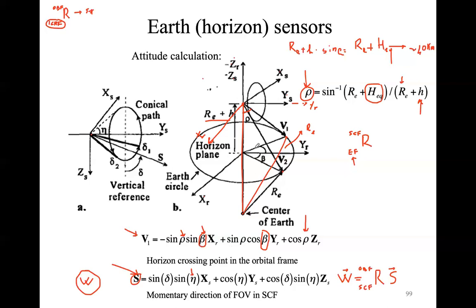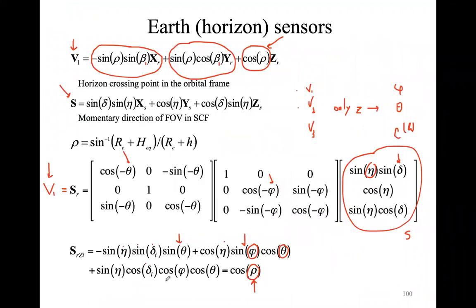This explanation is only to give you a more physical behavior. Because if you are able to connect S with the expression of V, of course, you have a better understanding of why, in order to go from S to V, you have to multiply S by the rotation matrix of theta and phi.